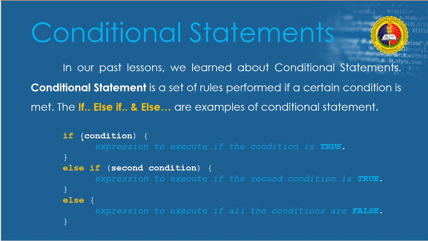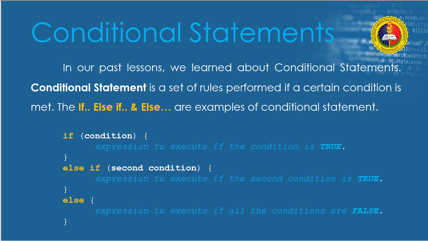But this is the syntax: if and then the condition. How do we write the condition? Through the use of the logical operators, or the very first ones we discussed, the arithmetic operators.